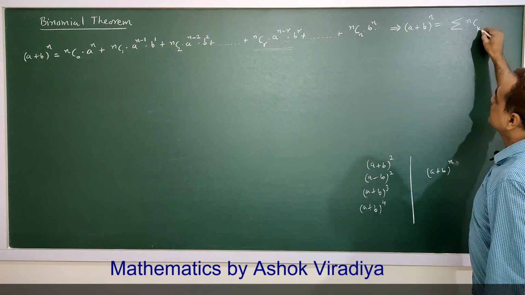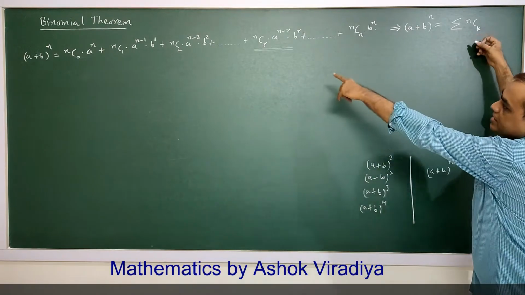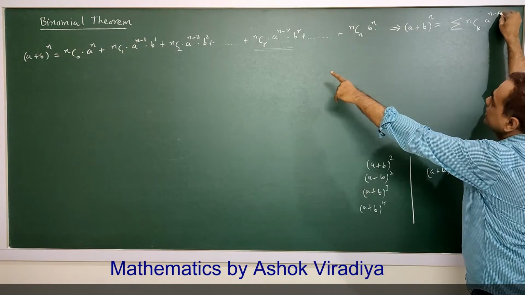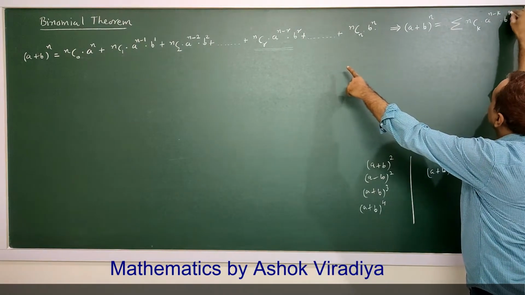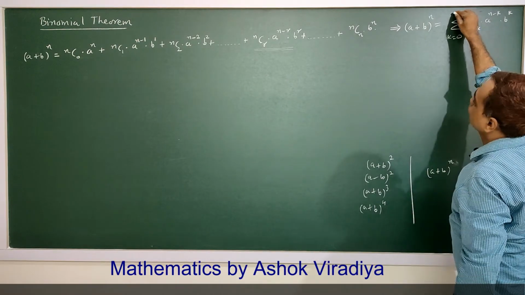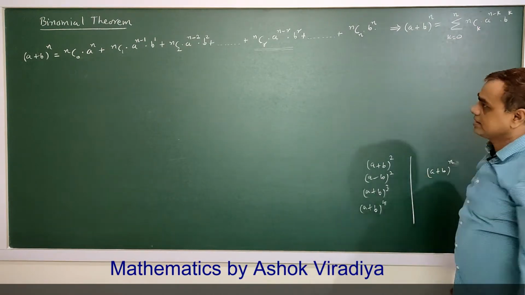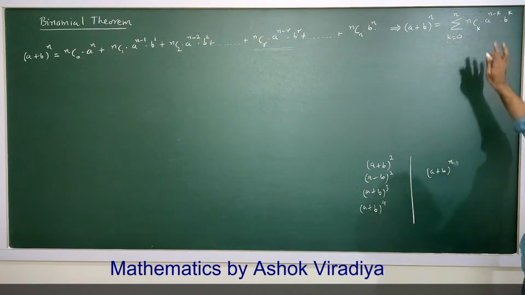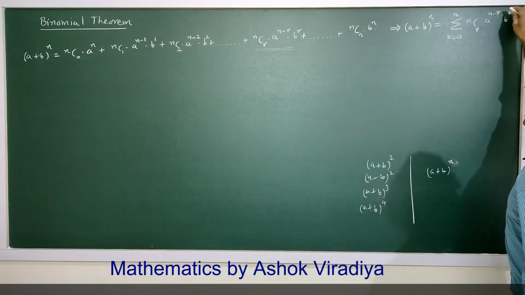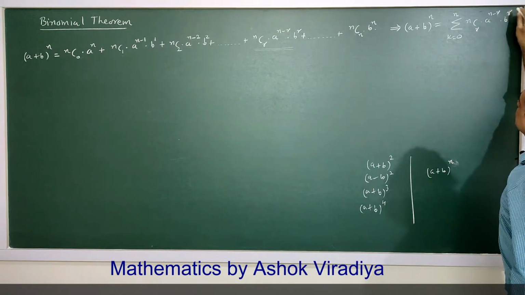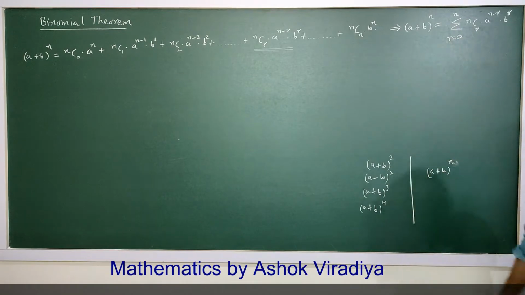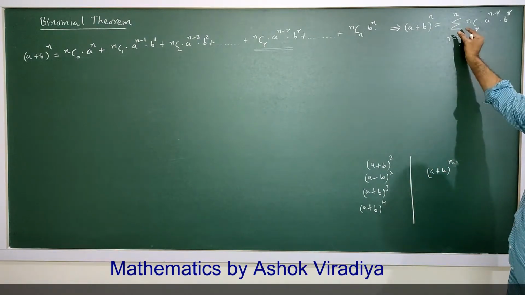See here k is a variable: nCk a raised to n minus k b raised to k, k is 0 to n. Or you can use the variable r: nCr a raised to n minus r, b raised to r, and r is from 0 to n. So it does addition.